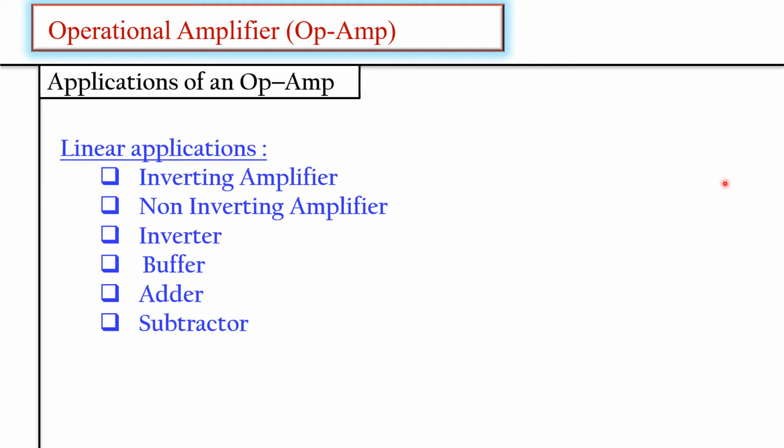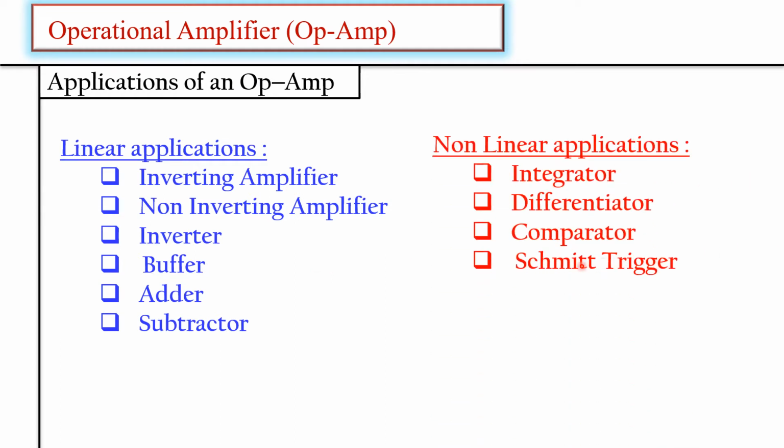The non-linear applications are integrator, differentiator, comparator and Schmitt trigger. Student, the question comes based on this. State the applications of an op-amp. You have to state linear applications as well as non-linear applications for 3 marks.